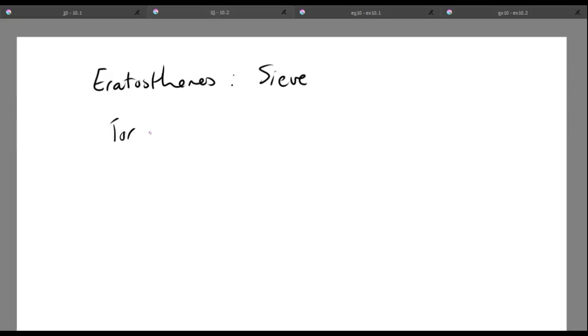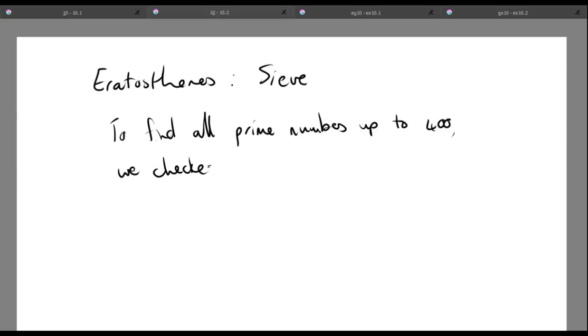Let's say it like this, to find all prime numbers up to, in our example, 400, we needed to check 2, 3, 5, 7, all the way up to 19. 19 squared was 361.